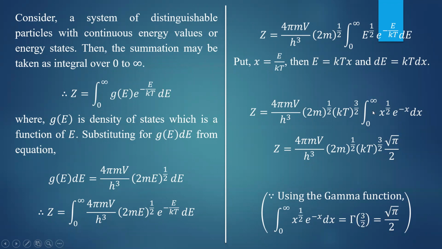The value of this integral is square root of pi by 2. So finally, we have got the partition function z as 4 pi mv divided by h cube into 2m to the power half into kt to the power 3 by 2 into square root of pi by 2. This is the standard integral called the gamma function. I think you have studied it in mathematics.